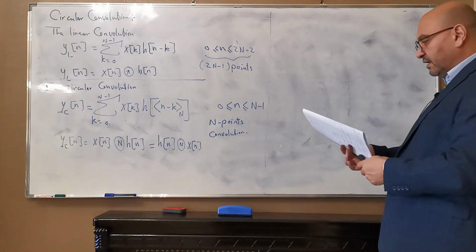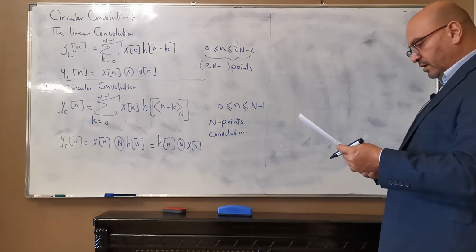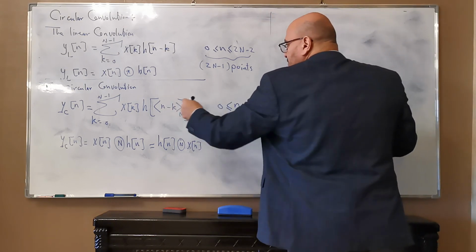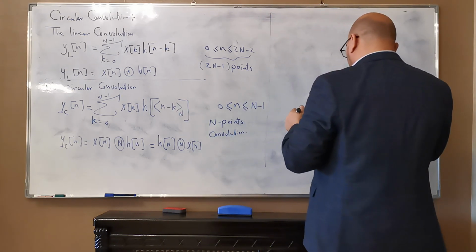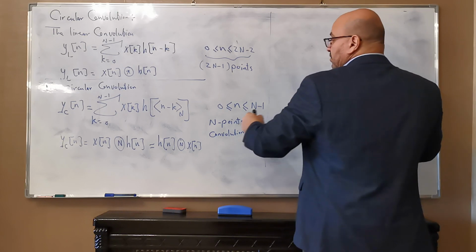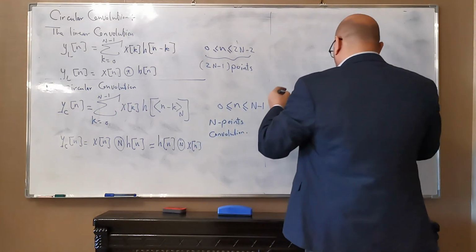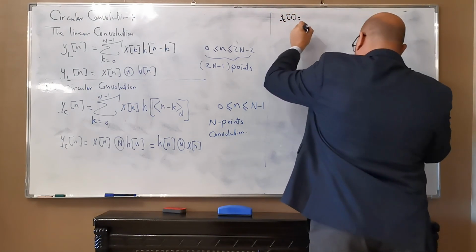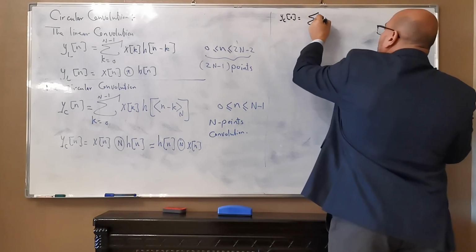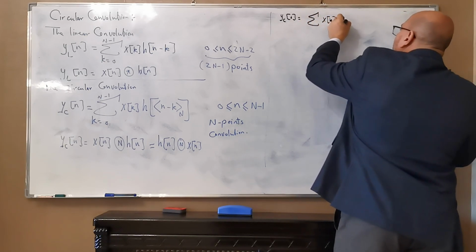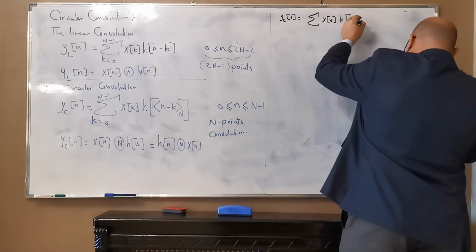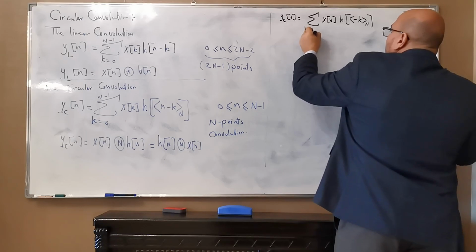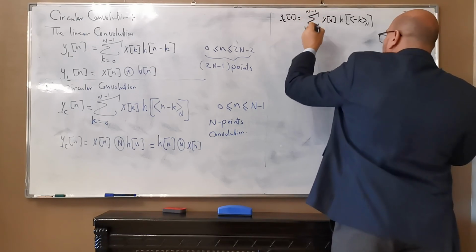We would like to write this in some easy way. Let's see what we can do. If we expand this circular convolution for different values of the index n, then we can say that y c of 0 is equal to the summation of x of k, h of minus k modulo n, from k equals 0 up to n minus 1.